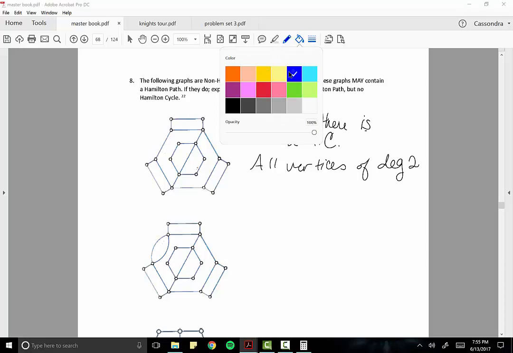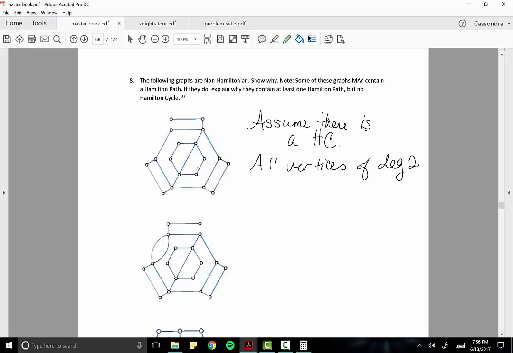I'm going to use a yellow. We're going to use a pretty yellow color, and I'm going to up the game a little bit. Line thickness is 5. So that means these guys are all in there. But that also means that these guys are all in there too. However, we now have the vertices making their own cycle, so this cannot be a Hamilton cycle.